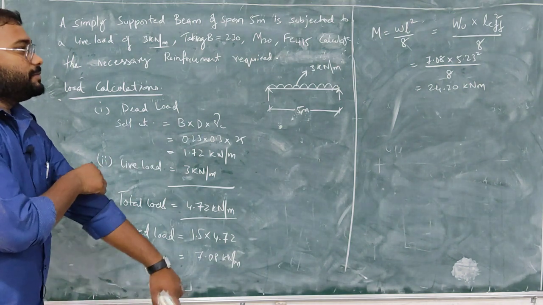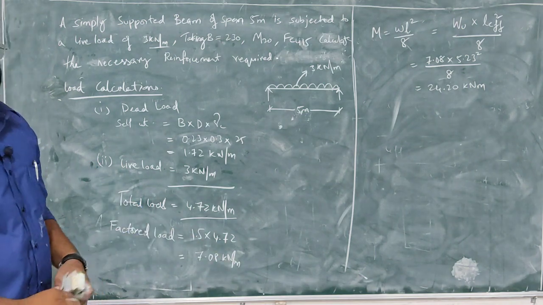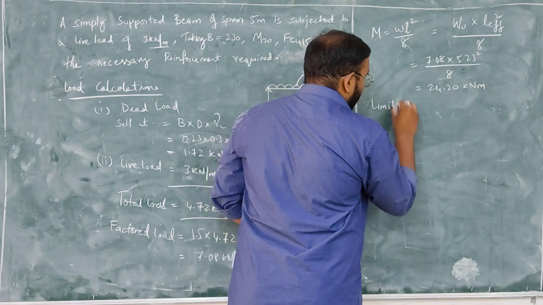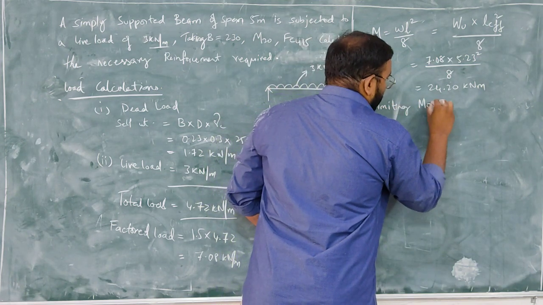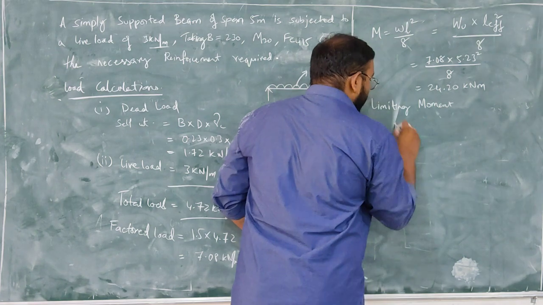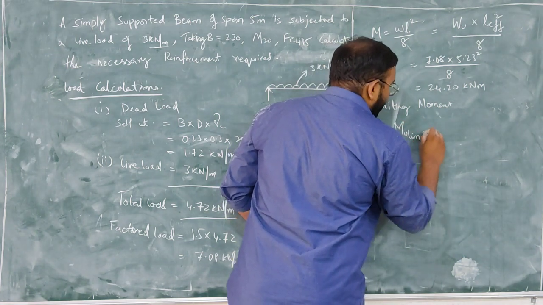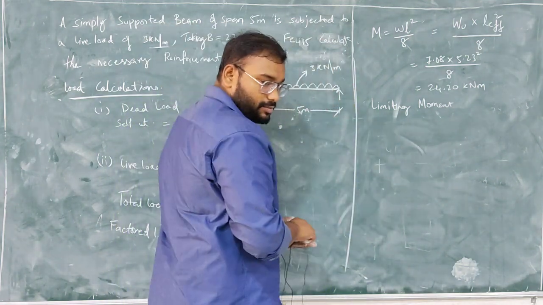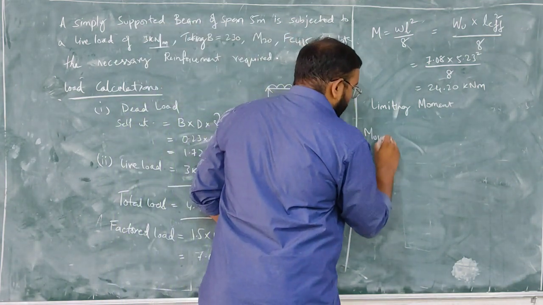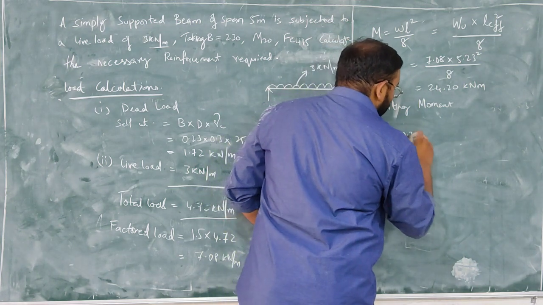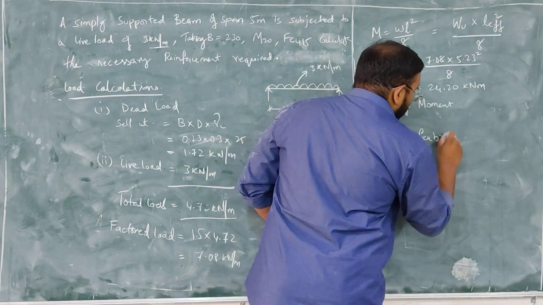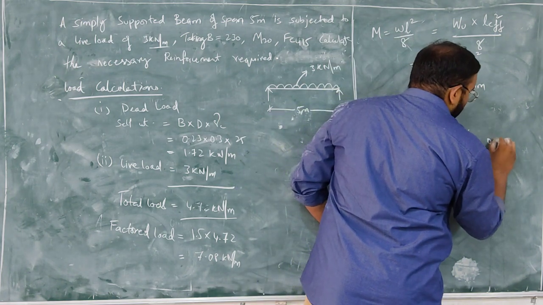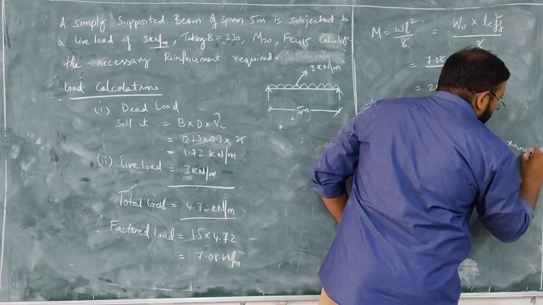Okay, now the next step is you need to calculate the limiting moment, which is denoted by Mu lim. What is the formula for Mu lim? 0.36 fck b xu max times (d minus 0.42 xu max).